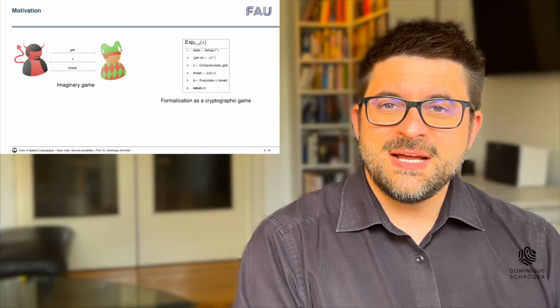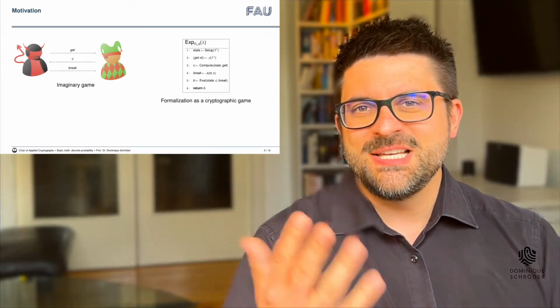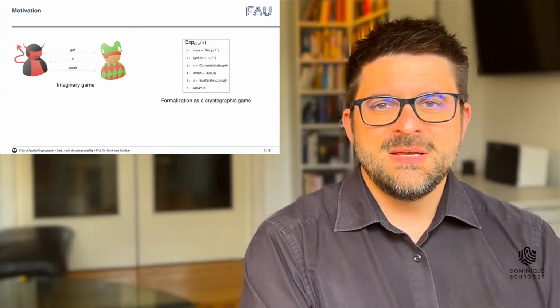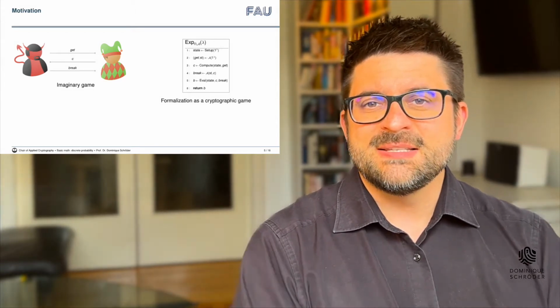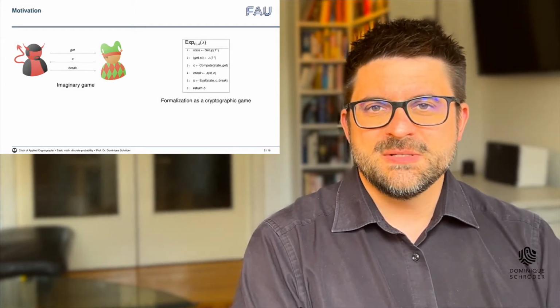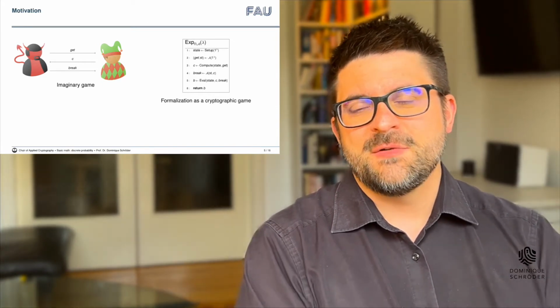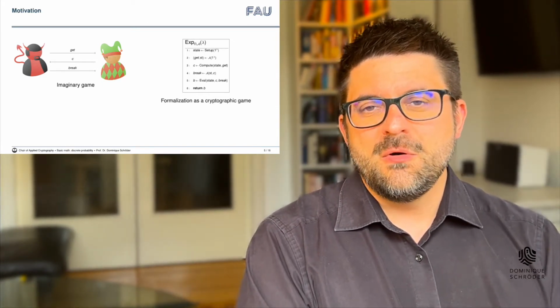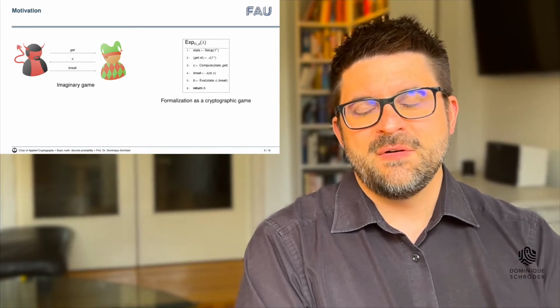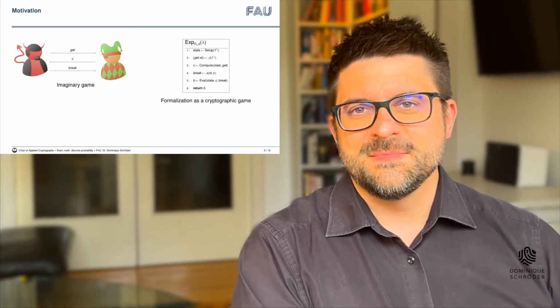And on the other side, you see the corresponding formalization of this game. And this game is nothing else but also a random experiment. And we will analyze the probability of such games very often. So we will go over this formalization in our video about cryptographic games.